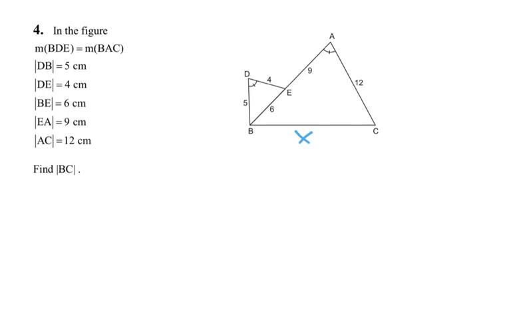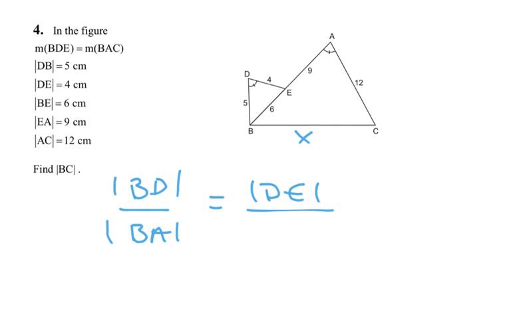And all we need to find out is if the side BD and its corresponding side BA, if that is the same as DE divided by AC.